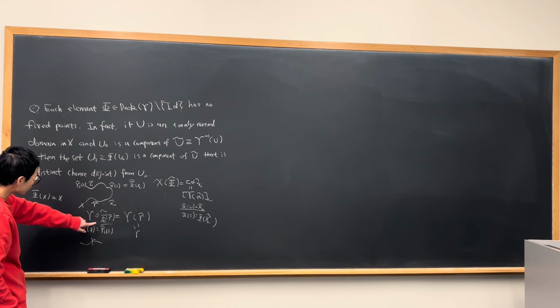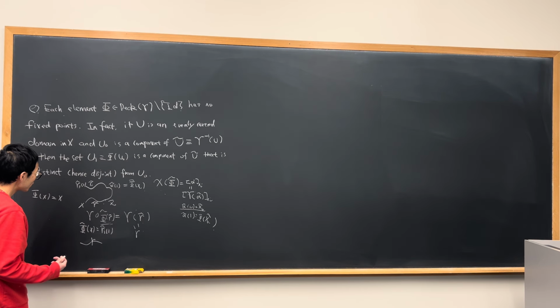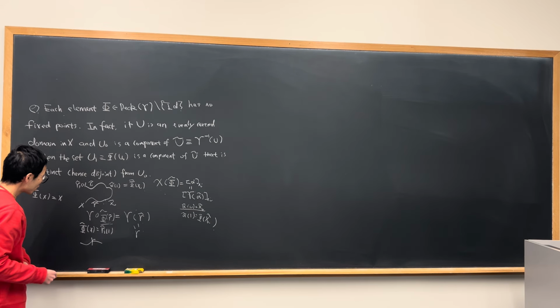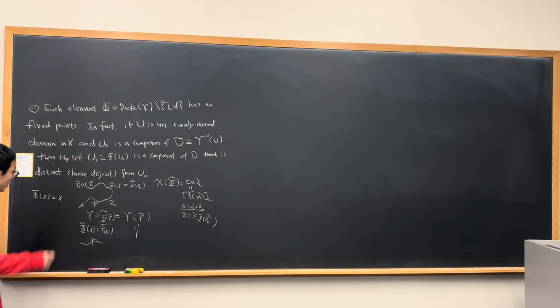But they share the same starting point, right? So same initial point. Then these two must be the same, so this concludes this result. Because they are the same, because of the unique lifting property.